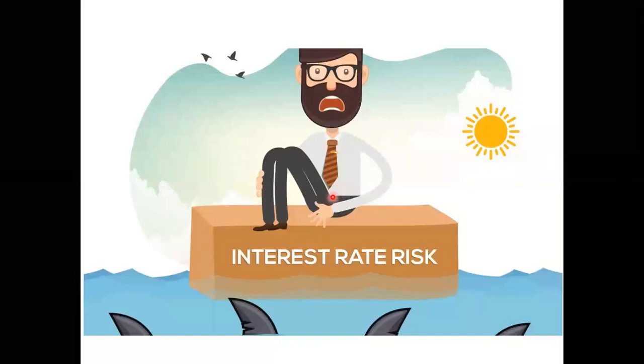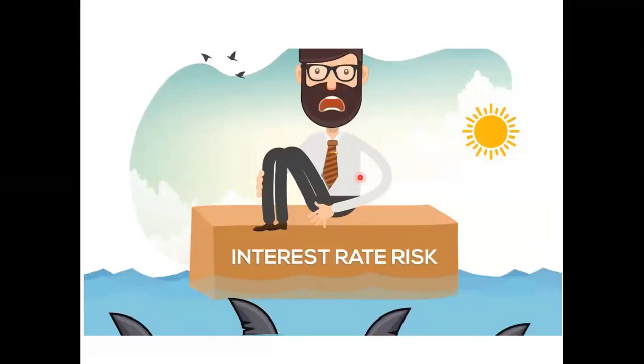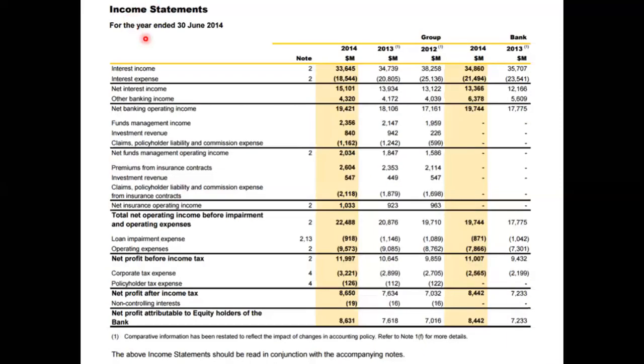To understand better, we can move to the next slide where we can find the income statement of a finance company, right? Here it's a typical income statement of a bank. It starts from interest income.